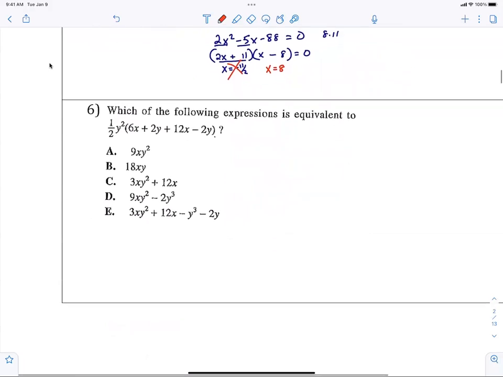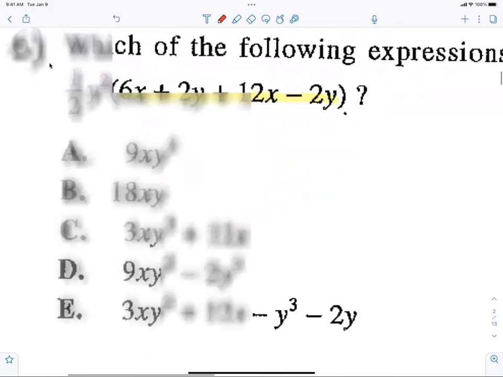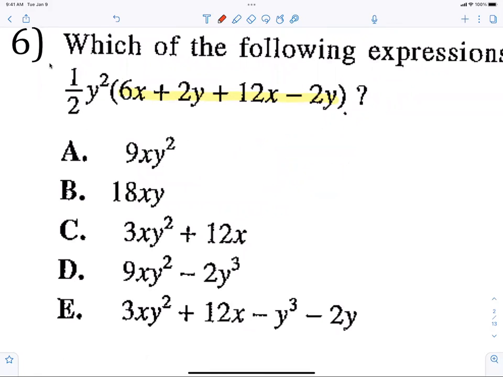Now, another SAT problem. Always, always, always try to simplify what's inside the parentheses. Everybody look at this real quick. The part highlighted yellow, what does that equal? If you start distributing, you'll make the problem hard, right? Always look to simplify. And then what happens to the 2y and the negative 2y? They cancel.